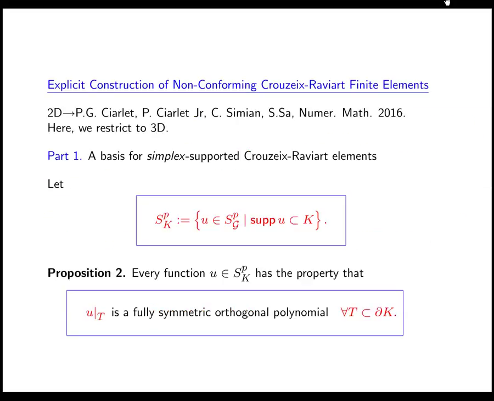Okay, now the implicit condition, but the question is, we want to have a local basis. And the first, what I thought is, and which is true, is the most simple case. We are looking for non-conforming basis functions of degree p, which are supported on one tetrahedron. So this is the subset of this implicitly defined space where the support is contained in one tetrahedron.